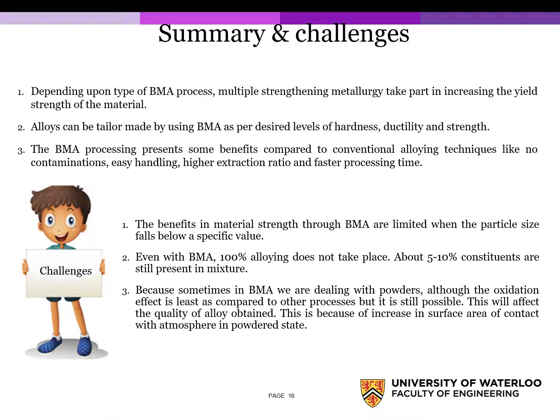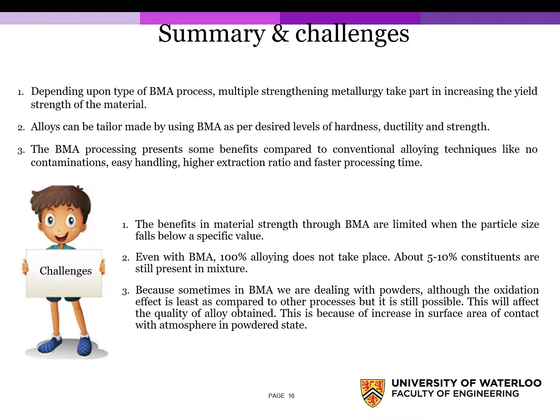So from the two case studies in this presentation, I was able to have these three learnings. Depending upon the type of PMA process, multiple strengthening metallurgies take part in increasing the yield strength of the material. Alloys can be tailor-made by using PMA as per desired levels of hardness, ductility, and strength.